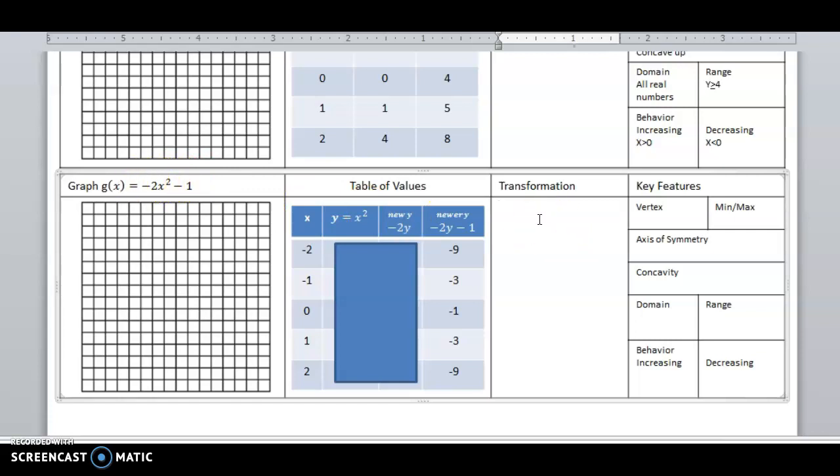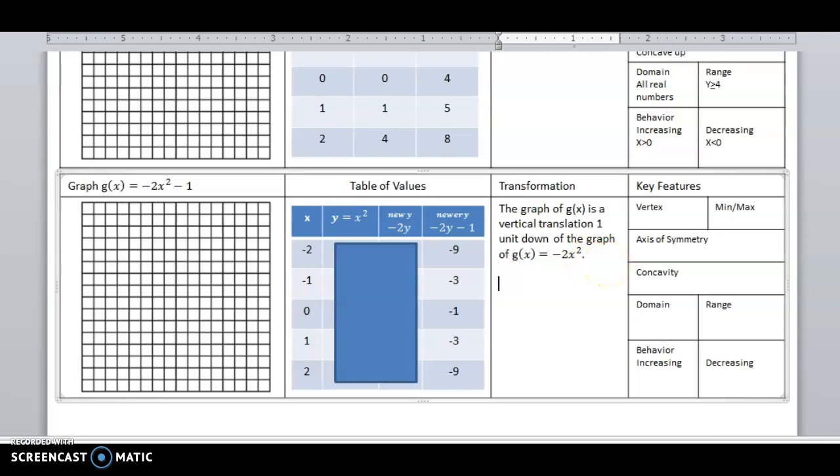So I could say the graph of g of x is a vertical translation 1 unit down of the graph of, and now I have to be specific with my reference graph, since I only describe the effect of negative 1, I have to include this, g of x equals negative 2x squared, in my transformation description.